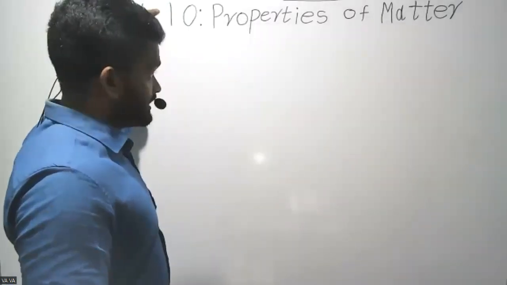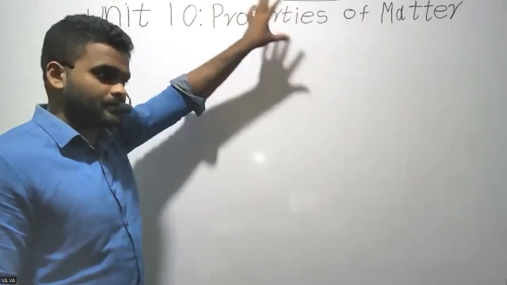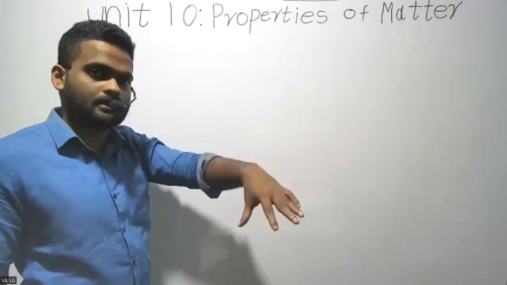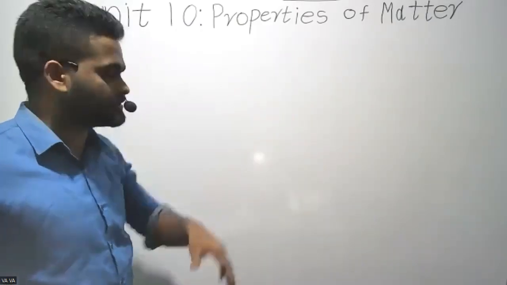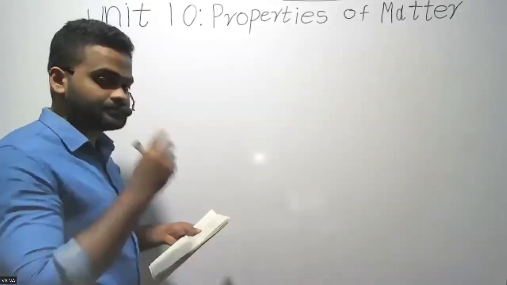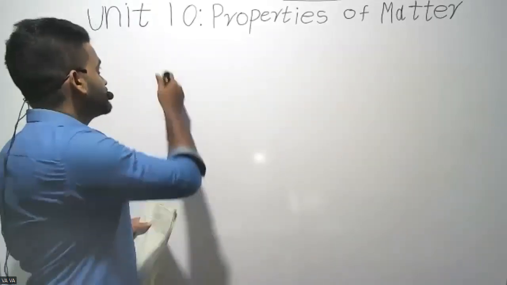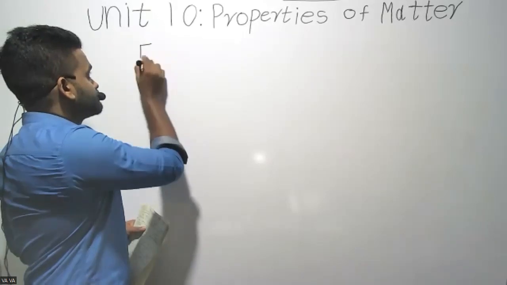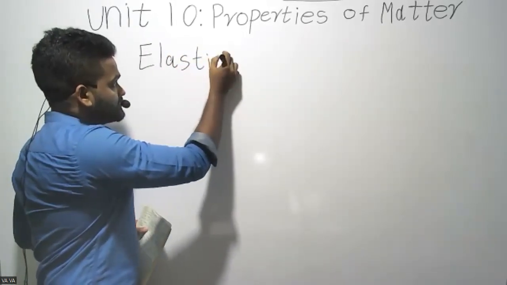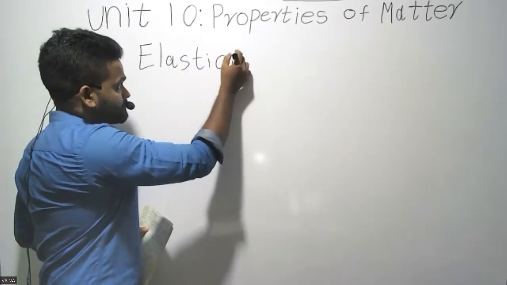Just take all this on the notebook, right? The questions will be done on separate papers or something like that. Okay, Unit 10, Properties of Matter. Under that, right, elasticity.